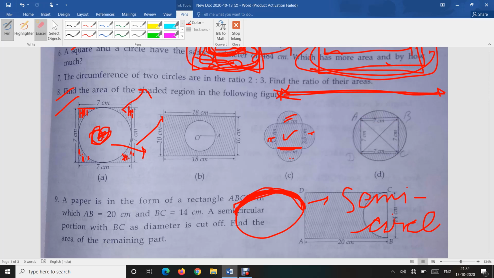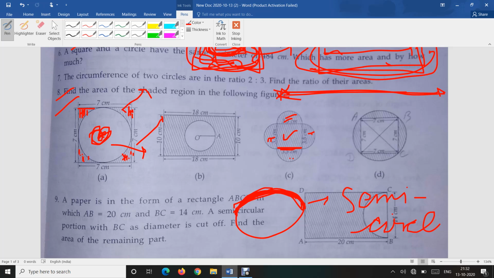But when you find the area of the circle, you need the radius, but the radius is not given here. Also the diameter is not given, so how can you find the radius? And if you do not have the radius, how can you find the area of this circle?